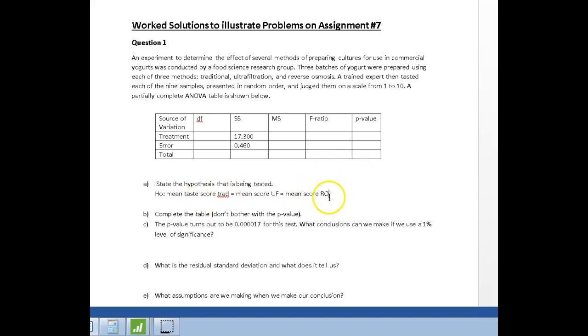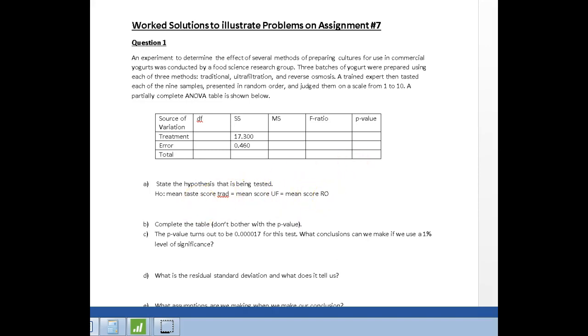No idea what this means. Okay, my alternate hypothesis is that at least one of these methods gives a different mean score. Alright, so there's my null and my alternate, and I will fix this up before I publish it.